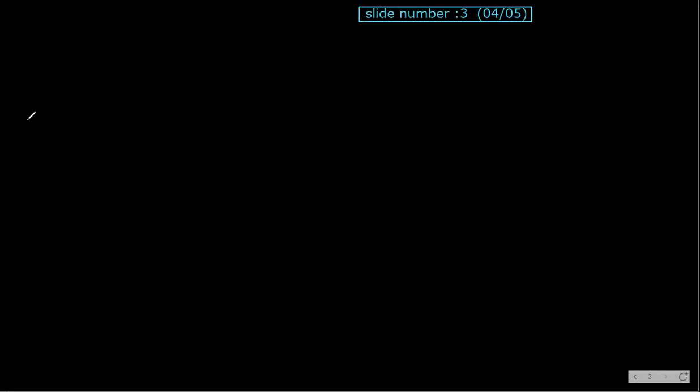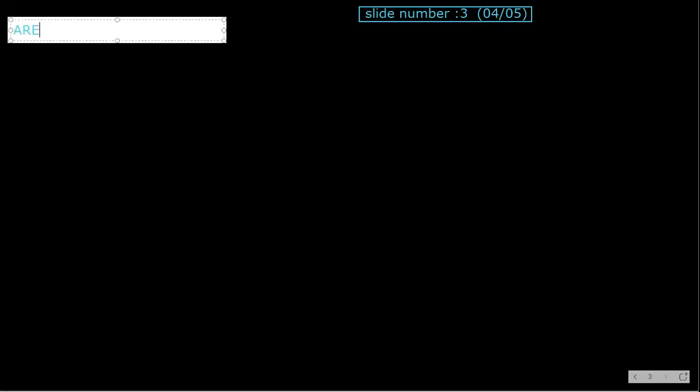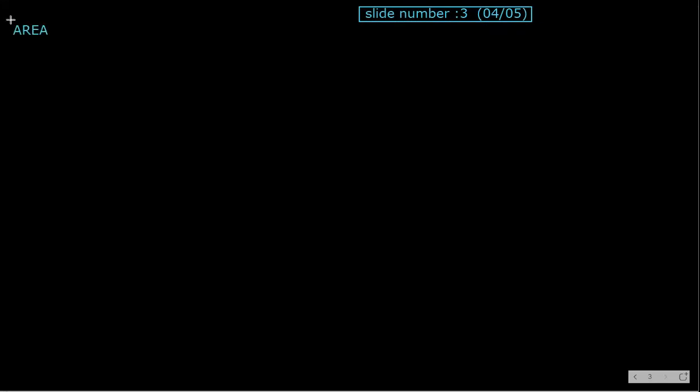See here. Now area. What is the SI unit of area? Meter square.